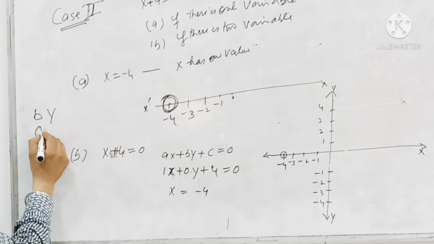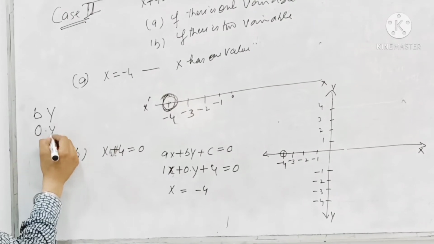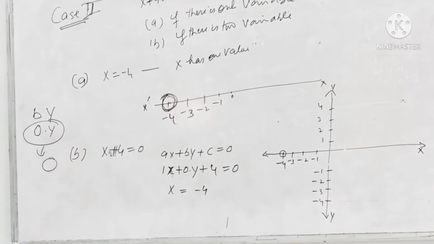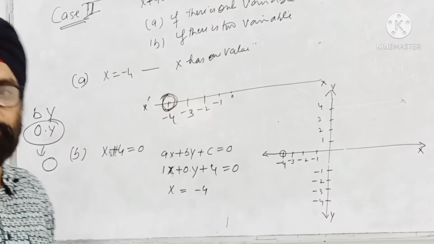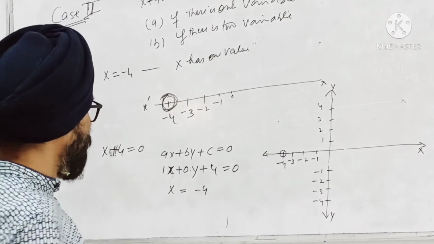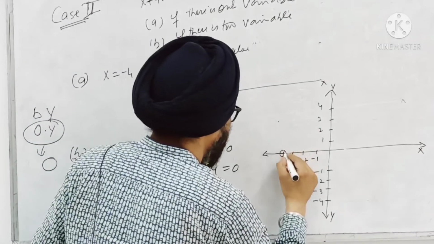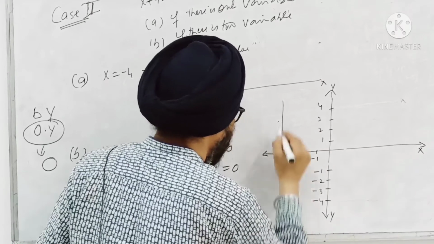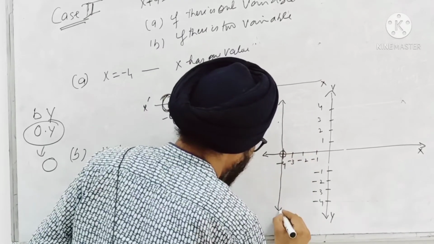But we know that whatever the value of y, the solution will become 0, because the value of b is 0 here. It means again a straight line will make here.